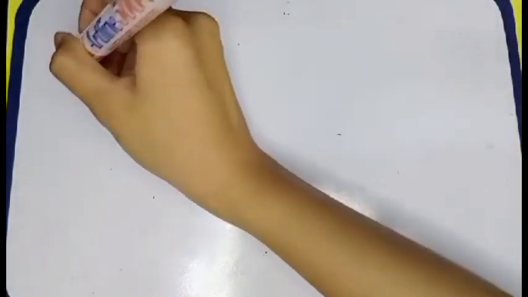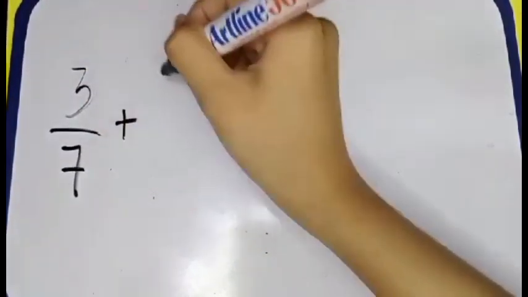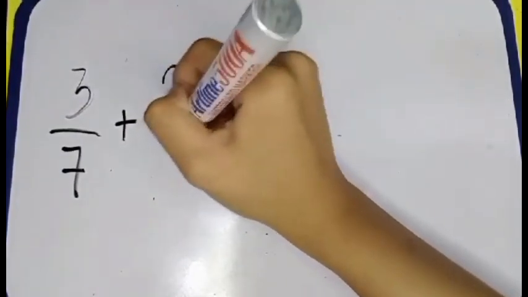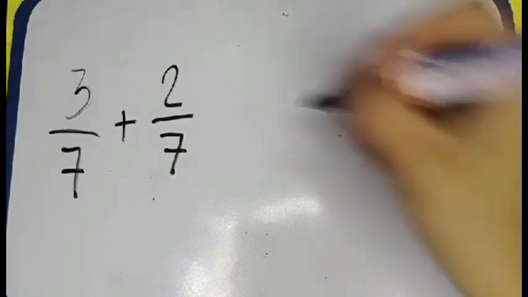Next, for the second example, we have 3 over 7 plus 2 over 7. Same process lang tulad ng sa number 1. Dahil pareha sila ng denominator, we are just simply adding the numerators, which is 3 plus 2.